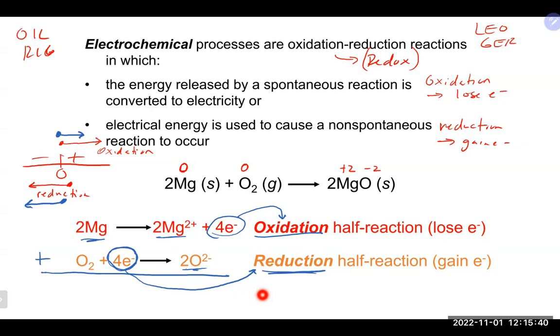But you always want to make sure before you add them back together that the number of electrons in each half reaction are the same. Pretty much anybody on opposite sides of the arrow could cancel or reduce. Electrons should always cancel out. And that leaves us on the left-hand side 2 magnesium plus an oxygen. These two ions will come together and make magnesium oxide in this particular case.